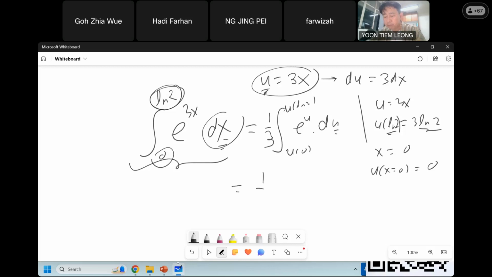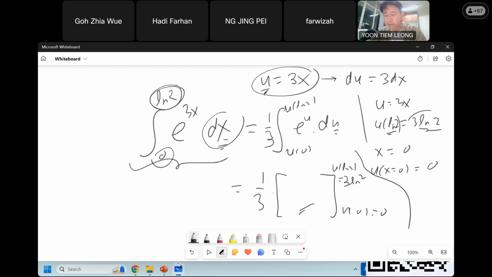So this is the same as 1/3 multiplied with the difference of u at ln 2 and u at 0, which is 0. u at ln 2 is just equal to this number, 3 ln 2.